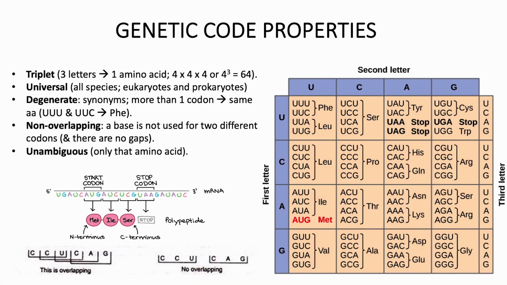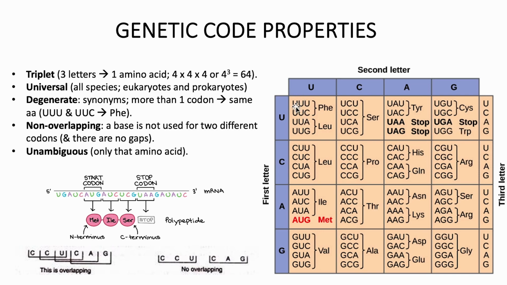So let's look here at the genetic code properties. The genetic code, as you can see here, is made of triplets. It's a triplet code, comprised of codons, which are sequences of 3 nucleotides. Each codon corresponds to a specific amino acid, or can be start or stop signals.